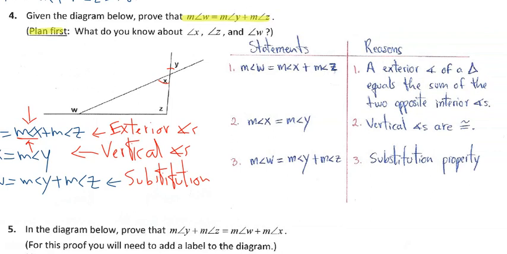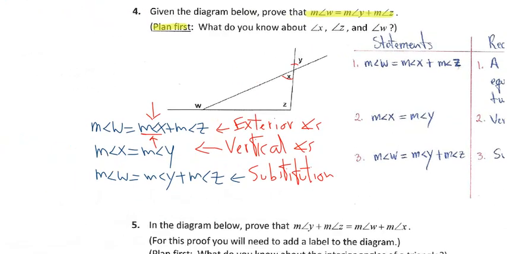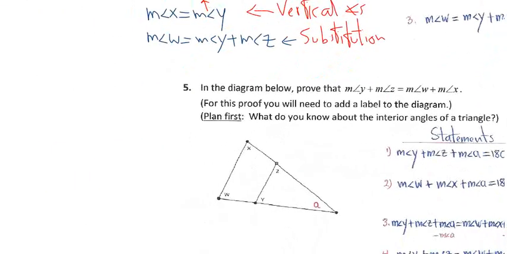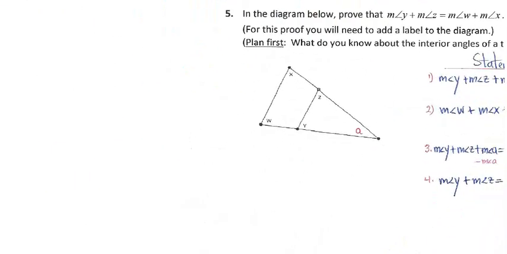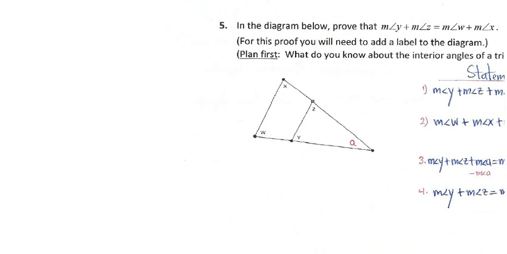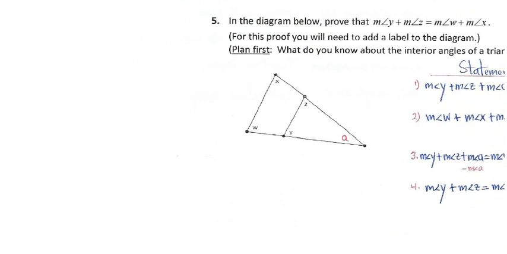Now we're going to the last proof on page number 2, which is proof number 5. What do you need to prove?